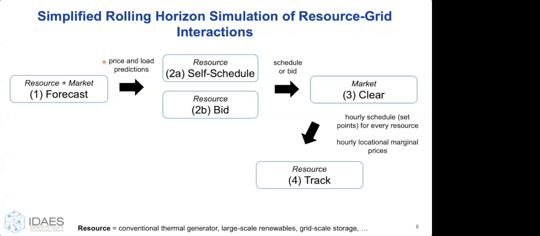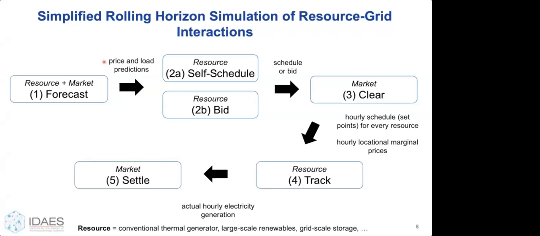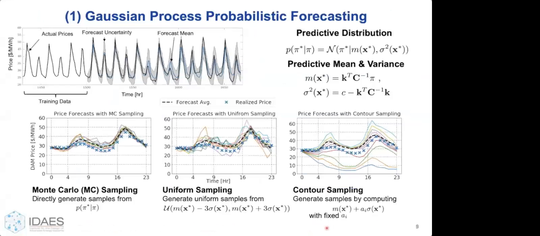Each resource then needs to track their signal from the market, and then the actual plant outputs are observed by the market, and that allows for payment to be calculated and the time step advances. Each cycle through this loop is nominally 1 hour. And I want to point out that when I say resource, this is both thermal generators, some large-scale renewables, and some grid-scale storage. So it's a very general definition.